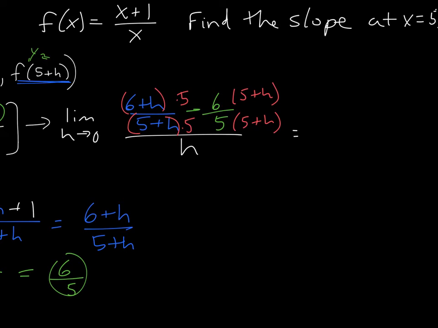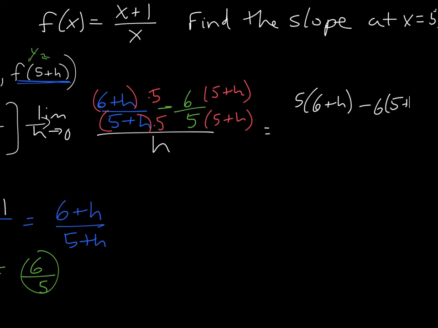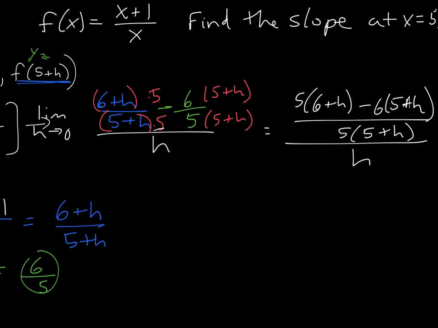And let's go ahead and get my numerator is going to be 5 times 6 plus h minus 6 times 5 plus h, all over 5 times 5 plus h. That's the numerator all over the denominator of h.